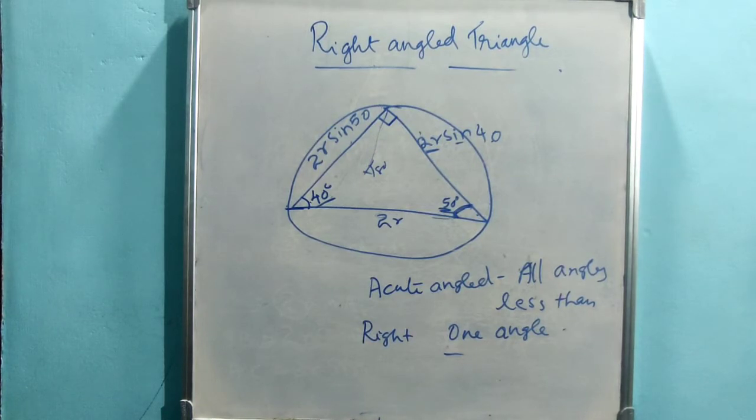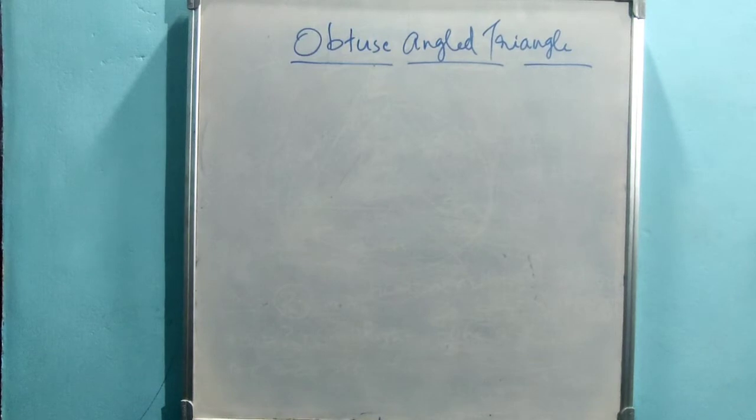Then one more type of triangle is there, that is an obtuse angled triangle. So far we discussed the acute angled triangle and the right triangle. Now we are going to find the ratios of the sides of an obtuse angled triangle. Here I am going to draw one obtuse angled triangle.